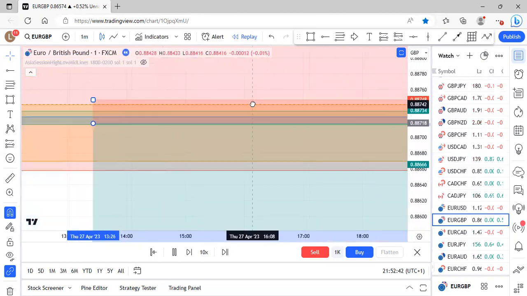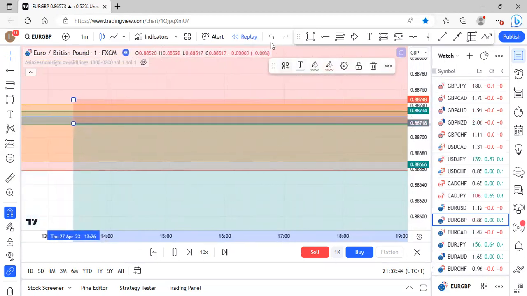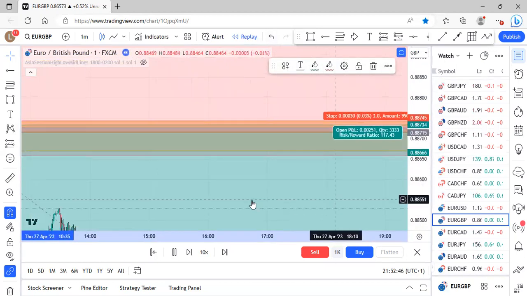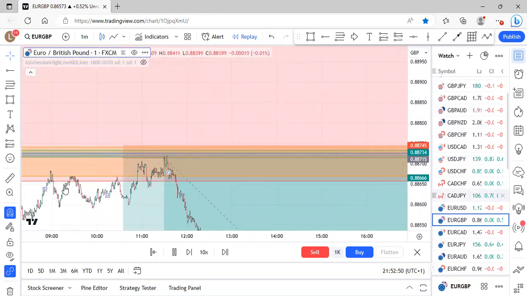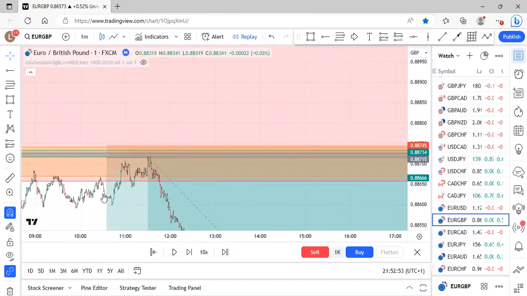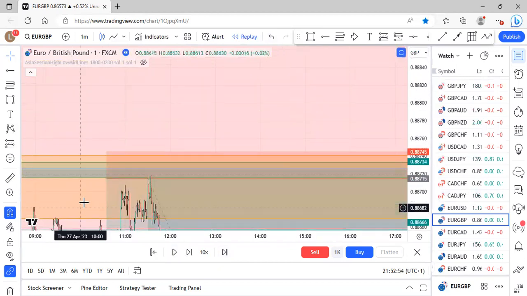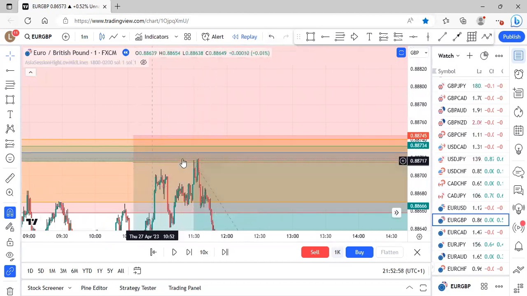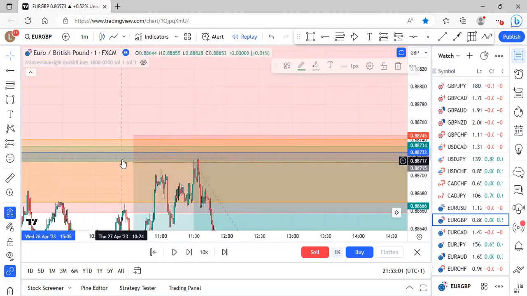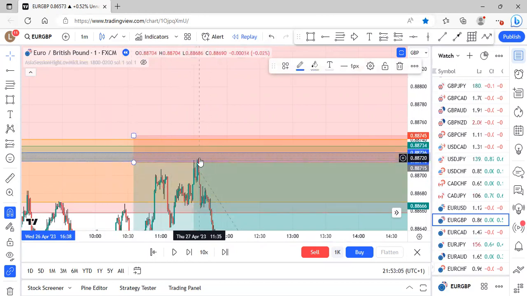It's quite common on the entries that it does leave a tiny bit of imbalance. We're on the 1 minute, so it pretty much half fills the imbalance.